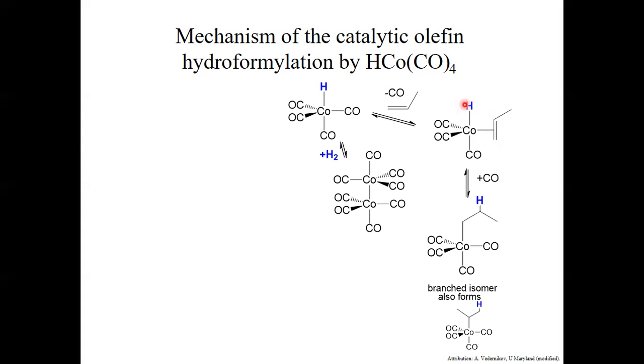And so this gives rise to a migratory insertion. So that produces an alkyl group and a vacant site. Okay, but this vacant site can immediately be reoccupied by carbon monoxide, which is in the reaction system together with the hydrogen at high pressure.